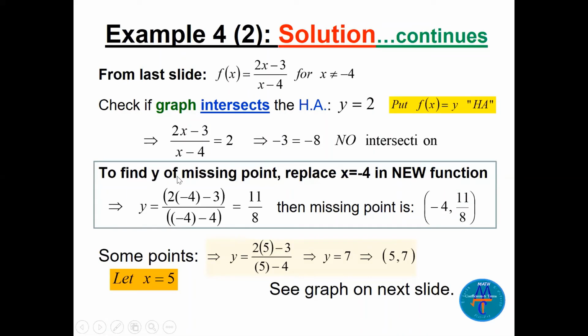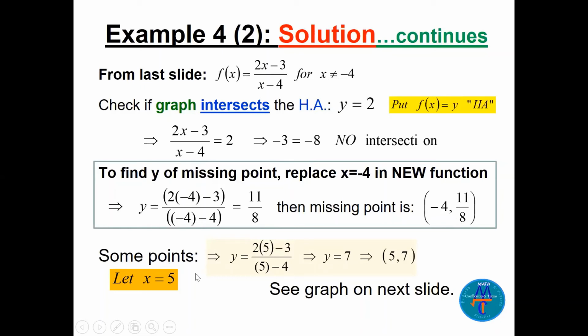Now to find the y of the missing point, we have a missing point here at x equals minus 4. I replace minus 4 in the function after we simplify it. We get 11 over 8. So the missing point, or we call it a hole, is minus 4 in the x, 11 over 8 in the y.